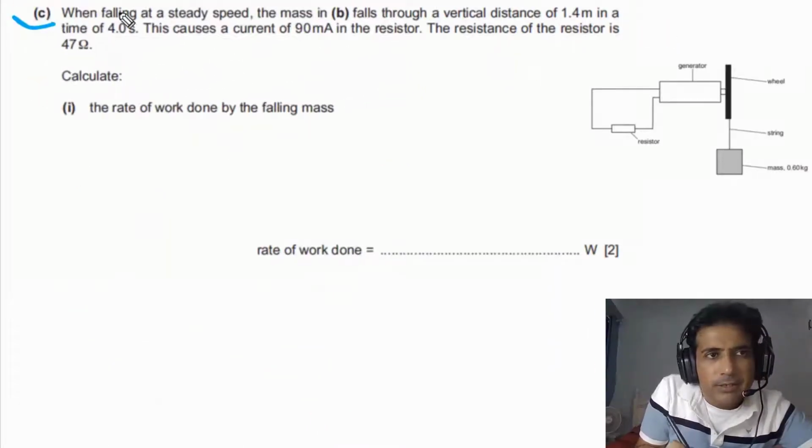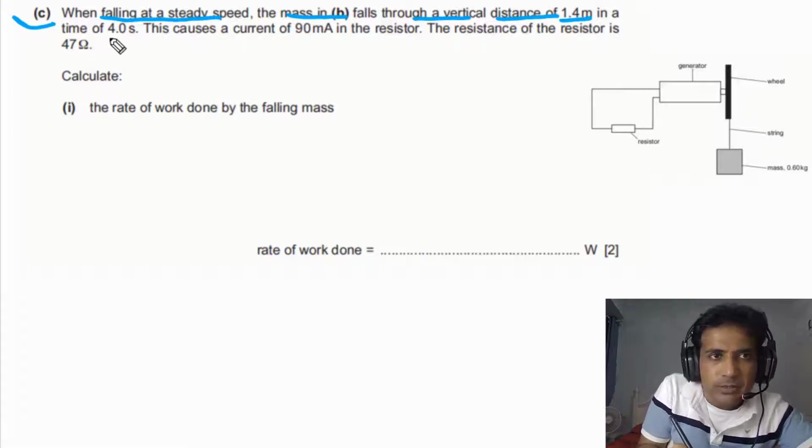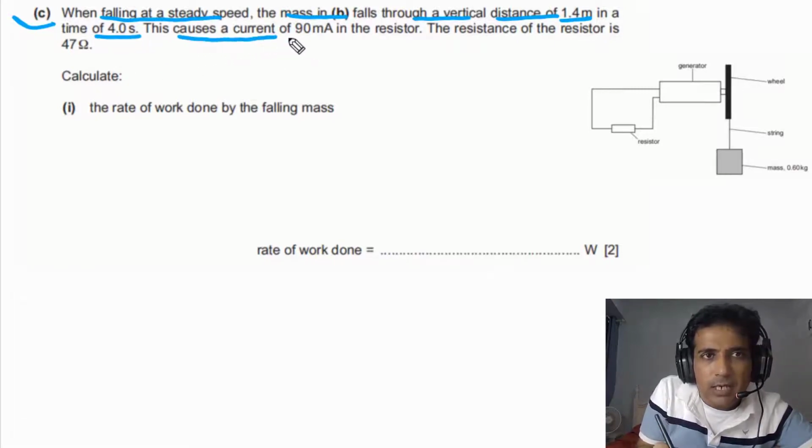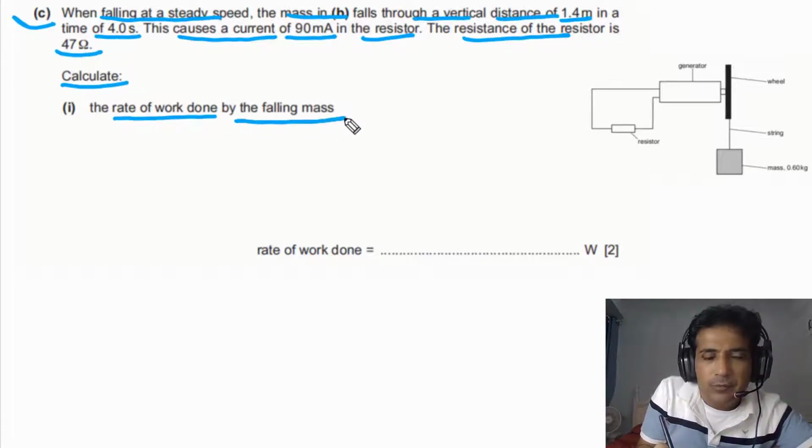For part C, it is given to us that when falling at a steady speed, the mass in B falls through a vertical distance of 1.4 meters in a time of 4.0 seconds. This causes a current of 90 milliamps in the resistor. The resistance of the resistor is 47 ohms. We need to calculate the rate of work done by the falling mass.